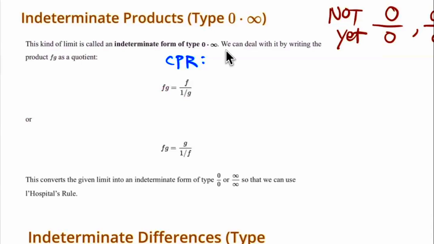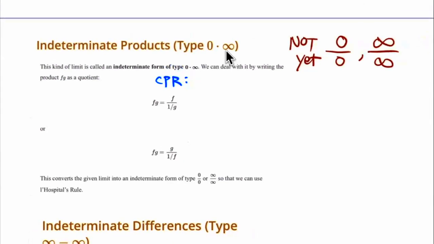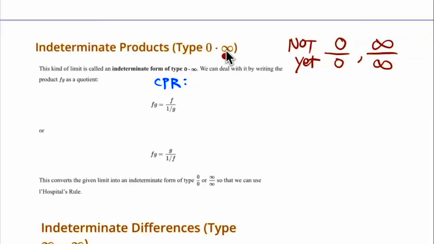Usually you keep the difficult function on top, and then it's easier. You can decide which one to keep in the numerator. And by doing this, you can convert this type into one of the two emergency types. And if you can convert into that, then you can apply L'Hopital's rule.